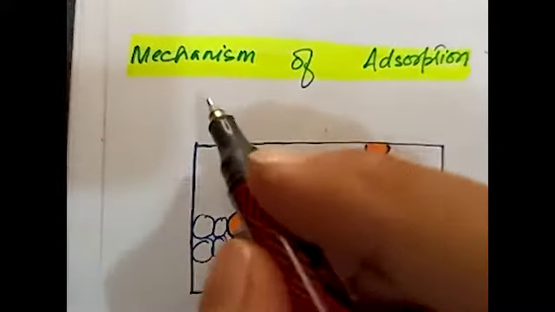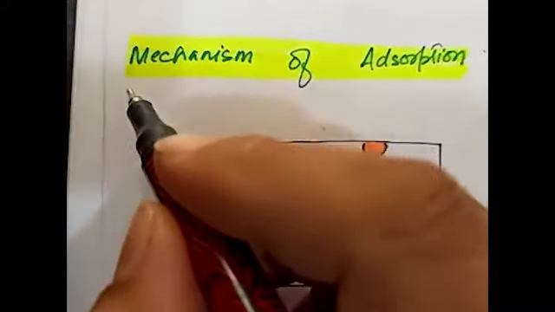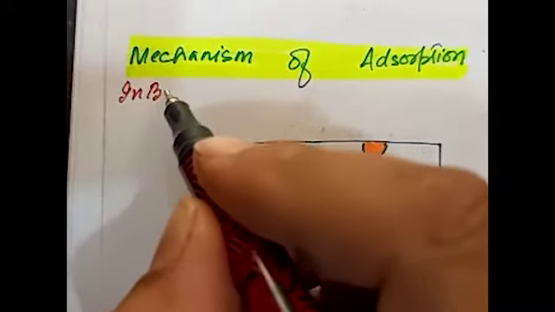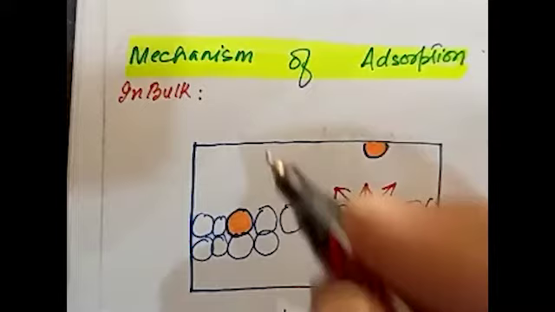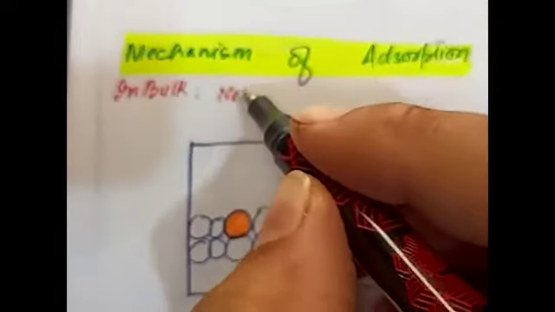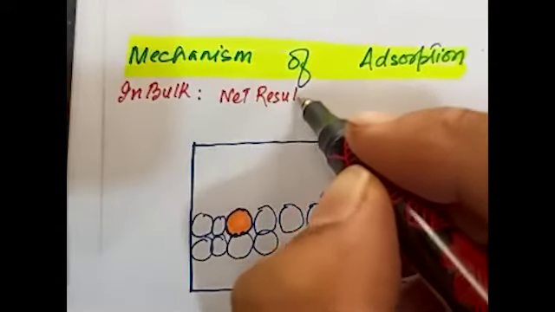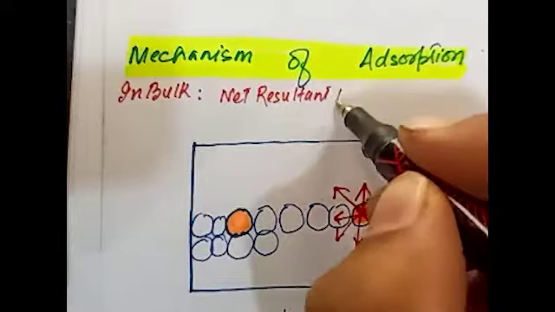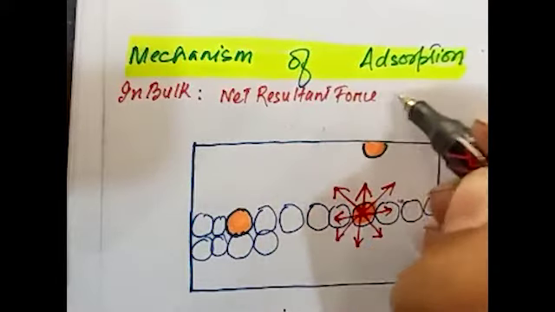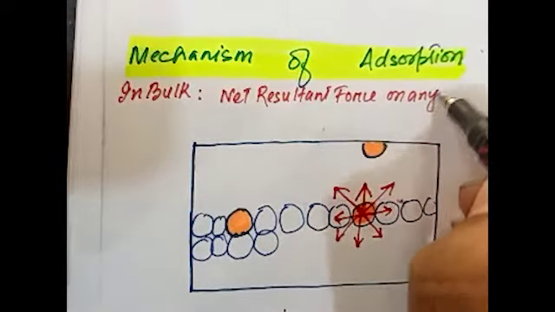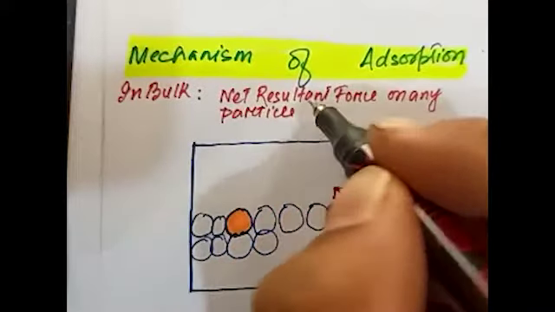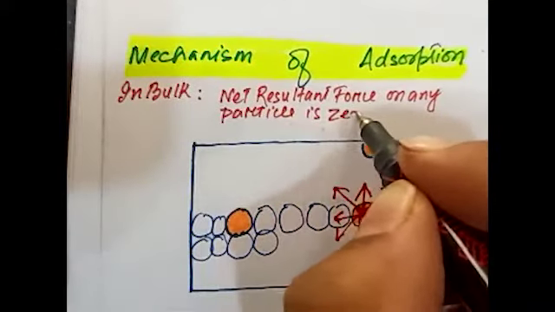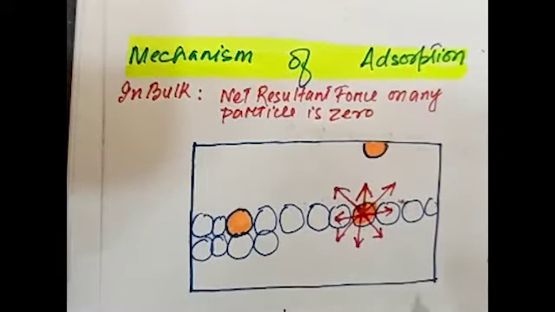So for a particle inside the bulk, what happens? In bulk, the net resultant force on any particle is zero, because they are all balancing each other.